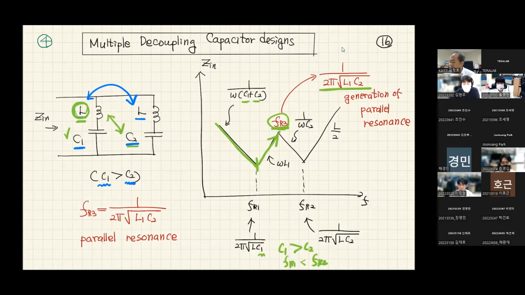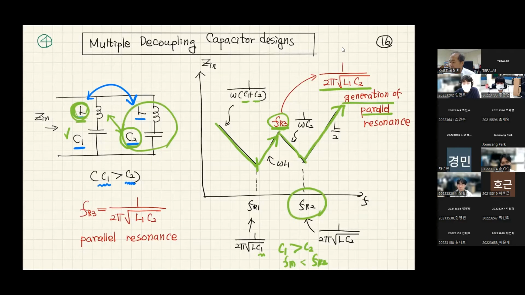That is the new resonance frequency, that is the parallel resonance frequency. Above this resonance frequency, capacitance C2 is dominant because of L, and C1 is not effective anymore.